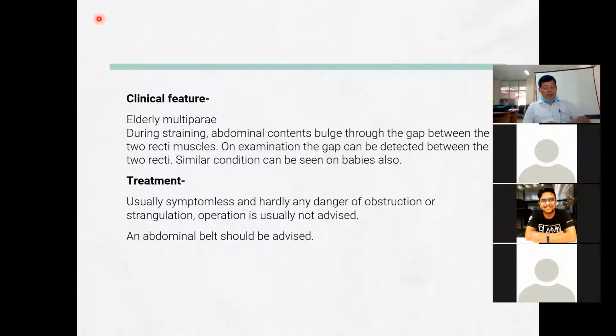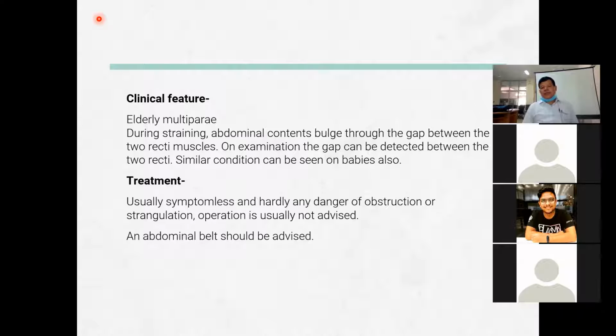Treatment of divarication of recti: it is usually symptomless except for the bulging, and even though it is a hernia-like condition, there is hardly any danger of obstruction or strangulation, so operation is usually not necessary.